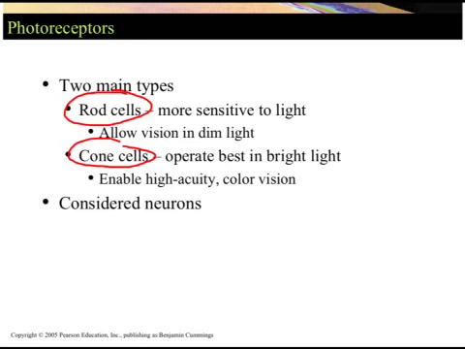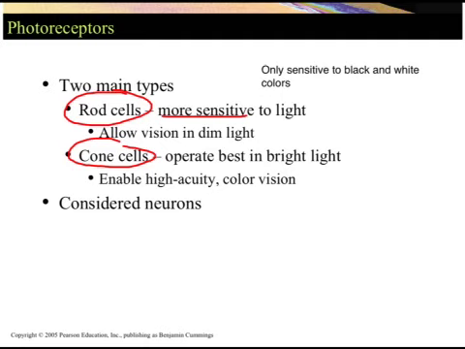The rod cells are actually more sensitive to light than the cone cells. However, the interesting thing about the rod cells, even though they're more sensitive, is that they're only sensitive to black and white light, or rather to a grayscale. So we'll just call it black and white.